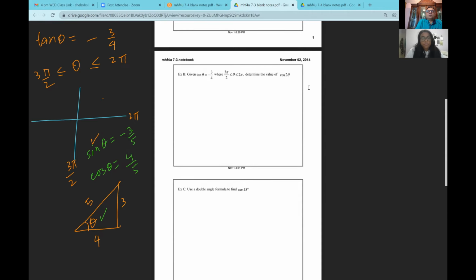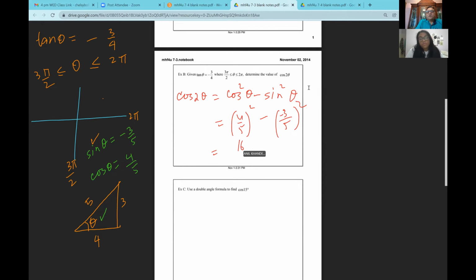So what is cos 2 theta equal to? You can use any of the known formulae, right? So you can say, well, let it be cos squared theta minus sine squared theta, for example, correct? So in that case, the cos value is 4 over 5 whole squared minus sine value is minus 3 over 5 whole squared, right? When you square it, it becomes positive for sure.